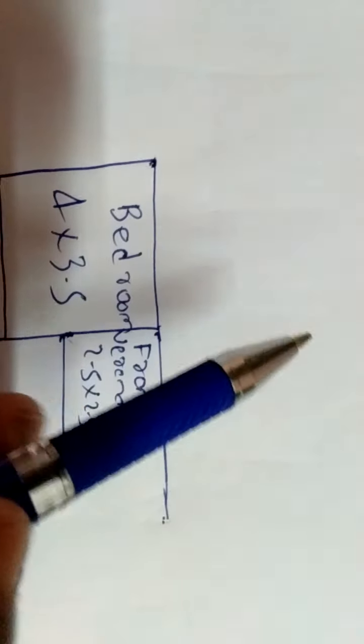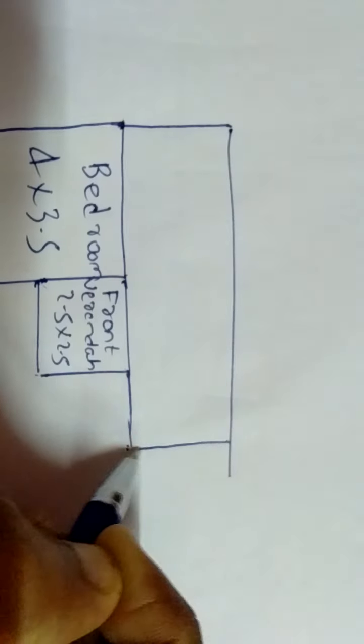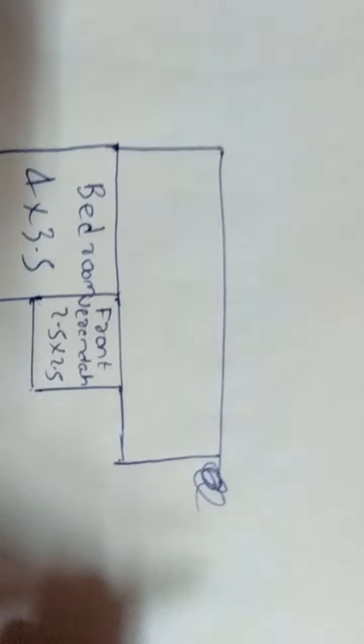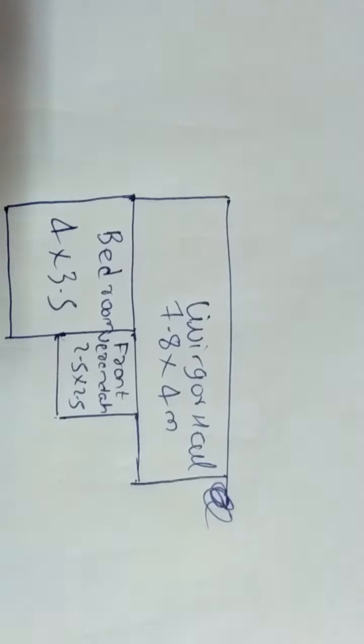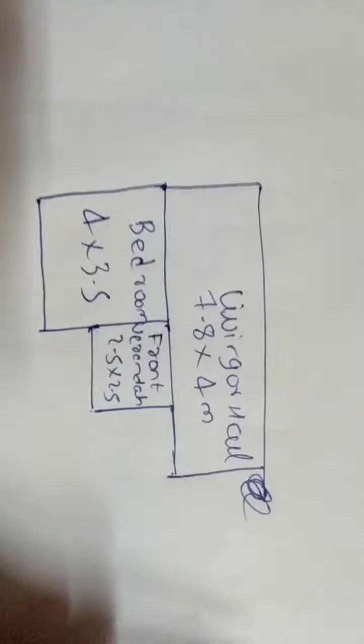What is the other parameter given in the question? 7.8 by 4. So this will be 4 meter. Then complete it. This will be living or hall, 7.8 meter by 4 meter.